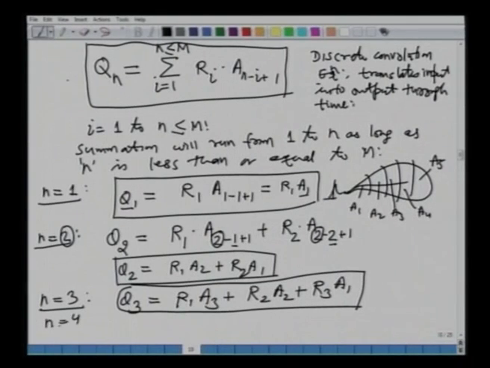So, for n is equal to 4 you can write directly Q4 is equal to R1 A4 plus R2 A3 plus R3 A2 plus R4 A1 and so on. You can successively keep applying this equation, which is called the discrete form of the continuity equation.